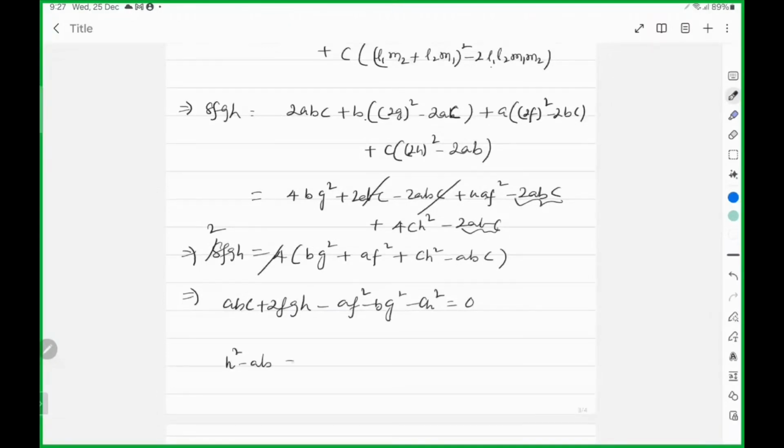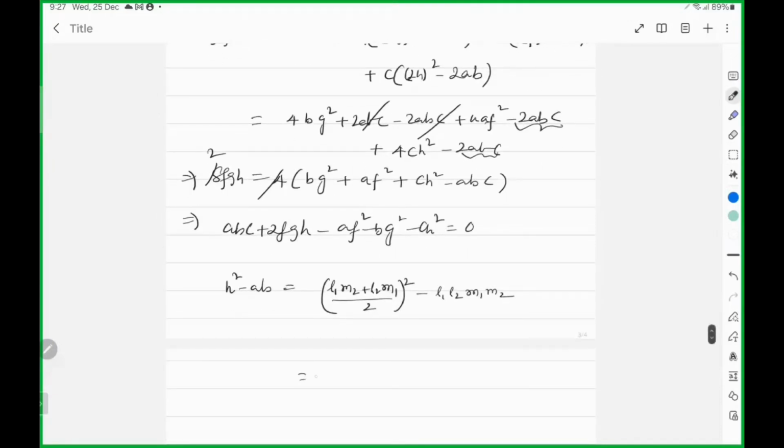To prove it, consider the difference. h here is (L1M2 + L2M1)/2, a is L1L2, b is M1M2, which is ((L1M2 + L2M1)/2)² − L1L2M1M2, after rearranging the terms, divided by 4.